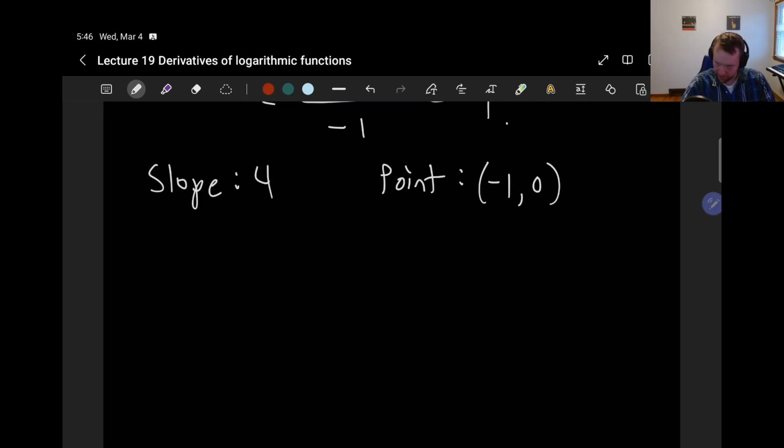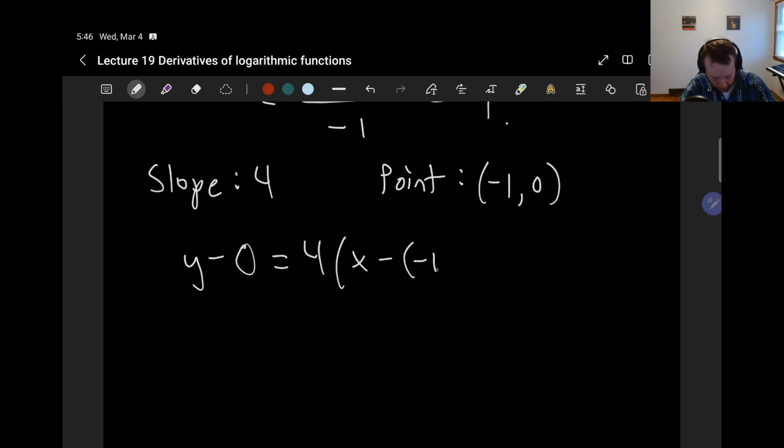So I have a point and a slope, that is point-slope form. Y minus the y value equals the slope times x minus the x value of the point. And we can simplify this. X plus 1.